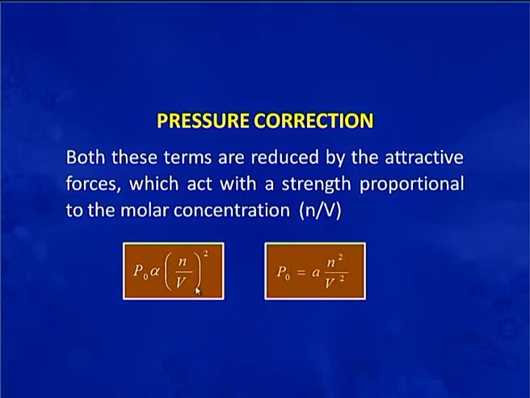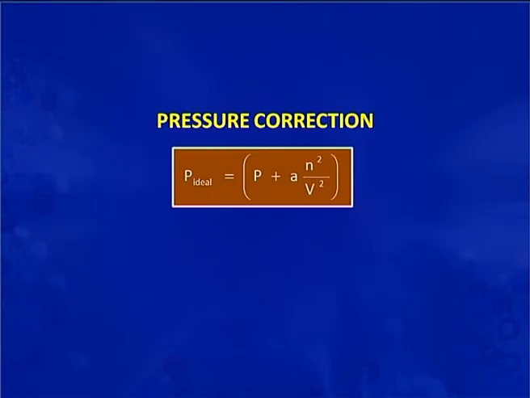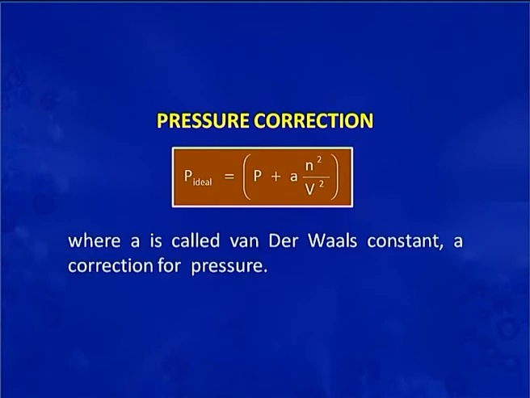In place of the constant, we can put another constant, that is the van der Waals constant. So, now the equation is P naught is equal to a into n square by V square. So, now P ideal is equal to P plus a n square by V square, where a is called the van der Waals constant and it is a correction term for pressure here.